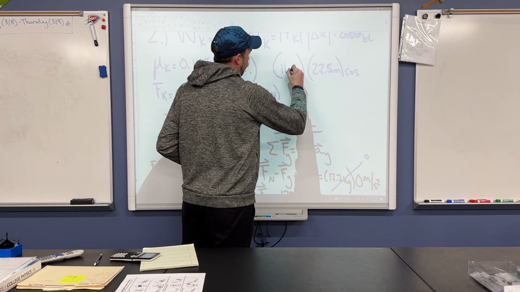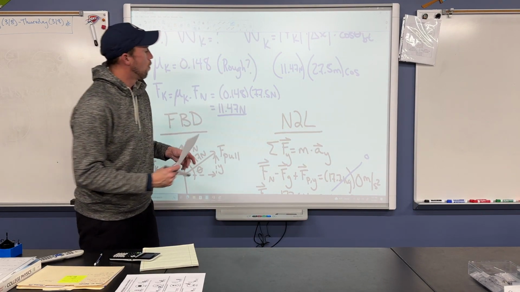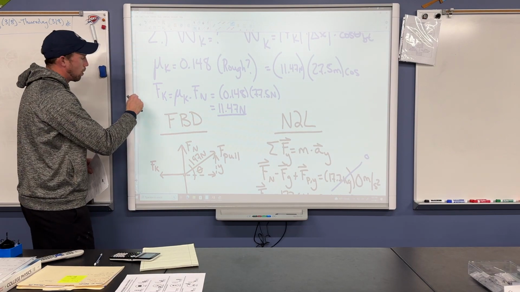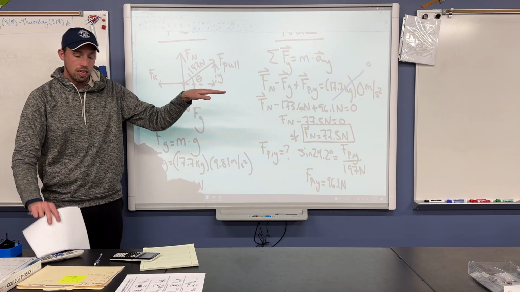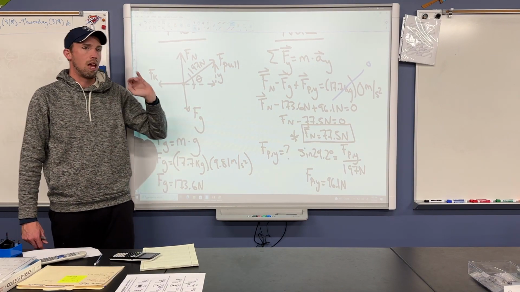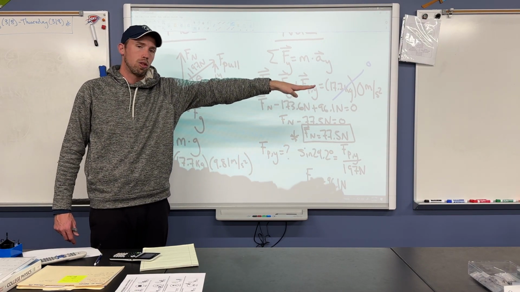So now our force of friction, magnitude of 11.47 newtons, over a displacement of 27.5 meters, and then cosine of the angle between our force and displacement. Well, we said from our picture that the box is getting pulled up and to the right, but it will be moving across the surface, so to the right.